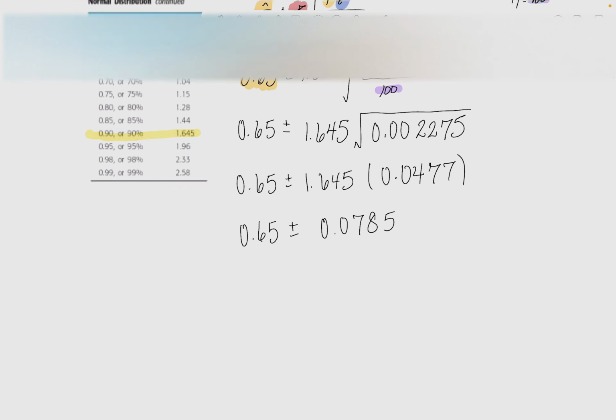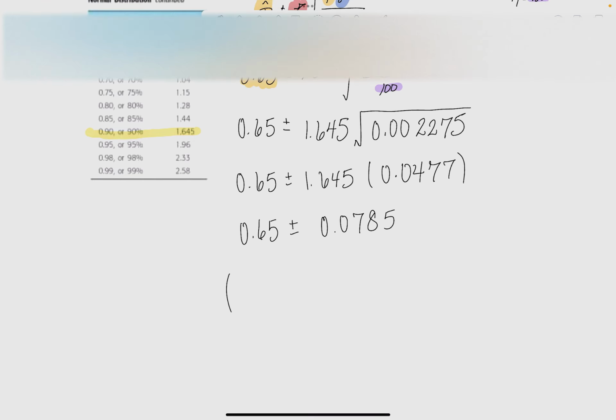And then to create the margin of error, we subtract to get the lower boundary and add to get the upper boundary. So we have 0.65 minus 0.0785. That should give us 0.5715.